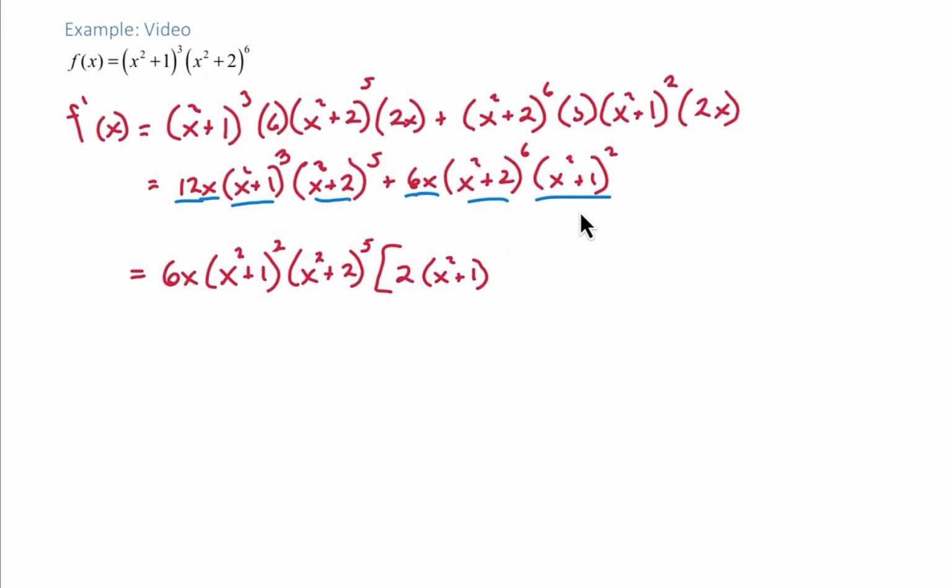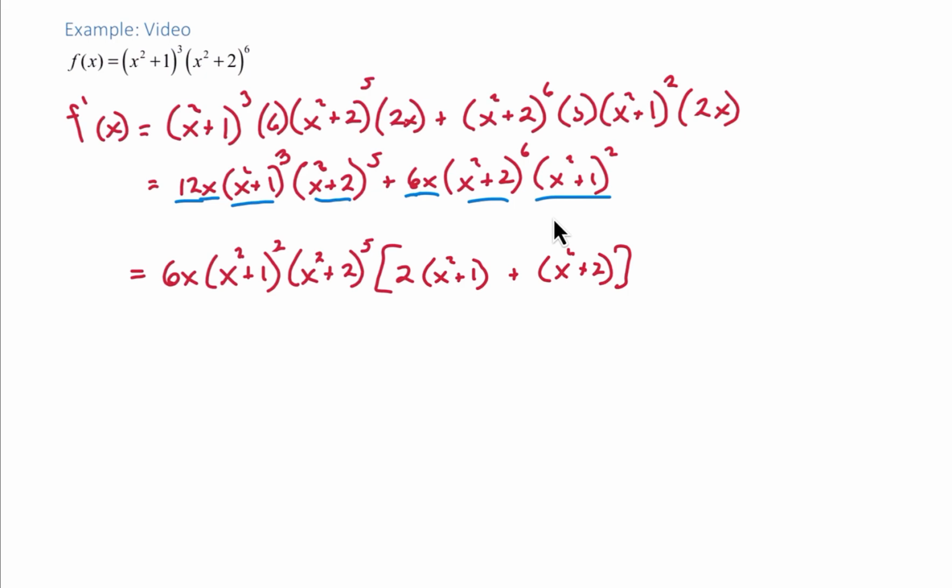Now looking at the second big term, we pulled out 6x, so that's done. X squared plus 2, we pulled out 5 of those. There's 1 left over. So we have x squared plus 2. And then x squared plus 1, we pulled out both of those.